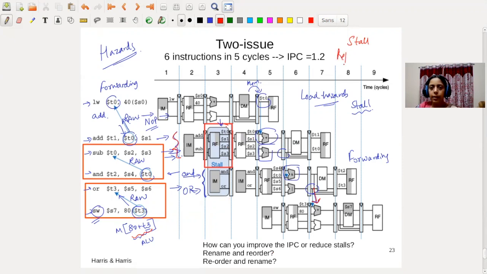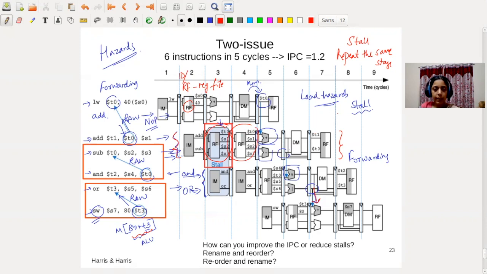So the second bundle is repeating its ID stage, or the register file stage, RF. The ID stage is what we usually call it. So ID or the register file stage, it is repeating here in cycle 3 and in cycle 4. So that is what a stall means.